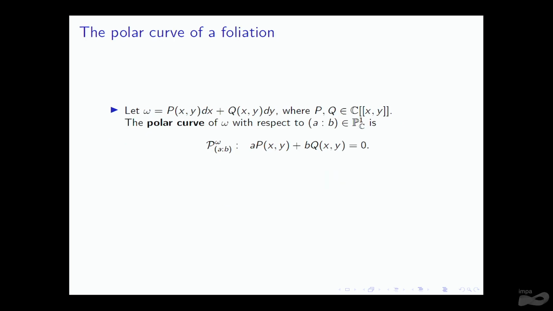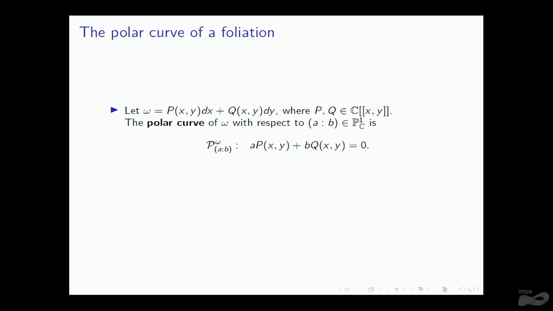Now I still have to talk about another index, which has polar nature. So let me explain what the polar curve of a foliation is. The polar curve of omega, in fact, this is a formal one form, P and Q don't need to converge.